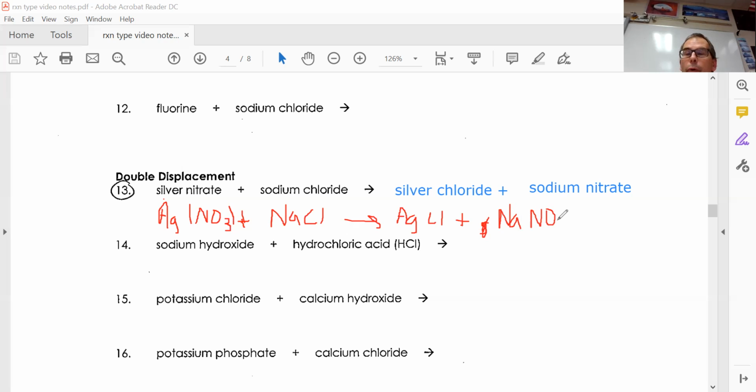Again, you don't have to rope off the NO3, but I like to do that just to see what's going on. This positive with this negative, this positive with this negative. Because everything was +1 or -1, the balancing was pretty easy in this example.